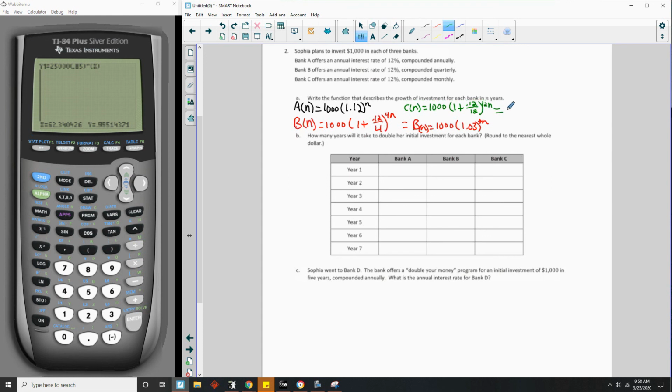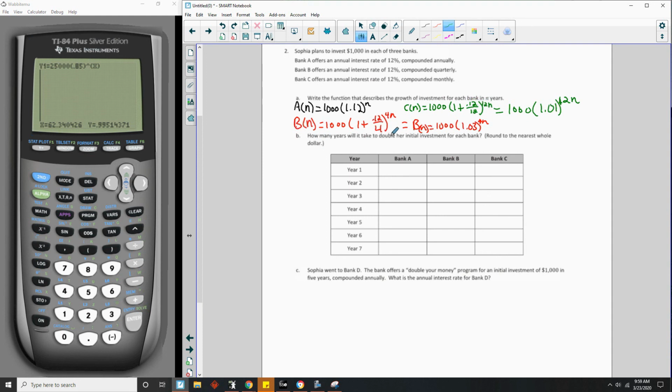And that equals 1,000 times, well, 0.12 divided by 12 is 0.01. 1 plus 0.01 is 1.01 to the power of 12n. Okay, so there are our three functions.